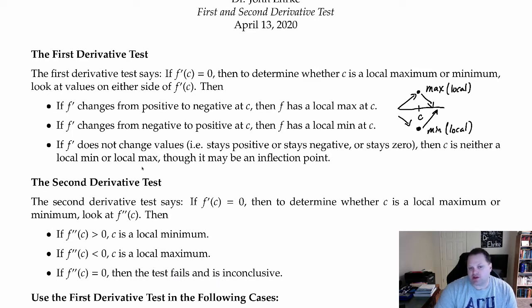It could still be an inflection point, though. So we'll have to check the second derivative. Remember, where the first derivative is equal to 0, we call x equal to c a critical point. So you can think of the first derivative test as the critical point test. We're testing on either side of the critical points.